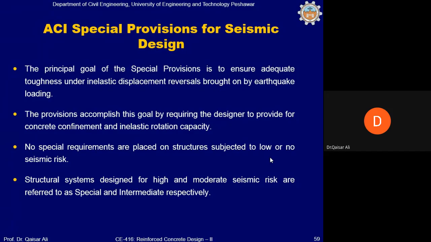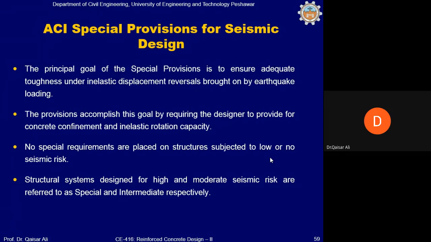Once you have bending moment, you will assume a and calculate As. This time As will be more at the connections, especially because the bending moment has been increased at that location. So As, area of steel, will be more because there are bending moments coming from earthquake loading as well. Okay, once this is done, the reinforcement is calculated.